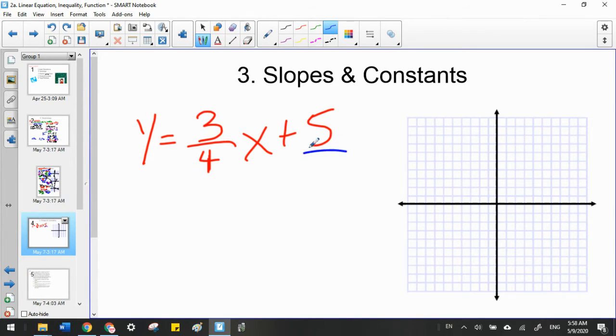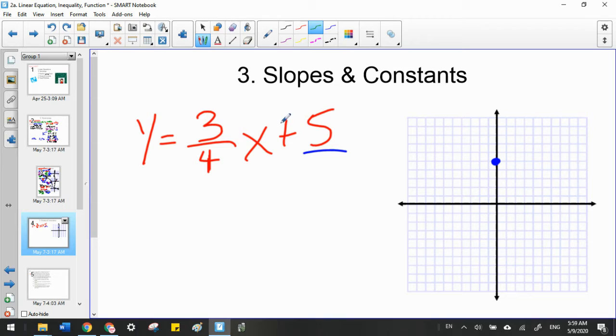Constant's easy. Constant is that number that never changes. When you work off an equation, it's relatively simple to figure out whatever this part is, add by the 5 in order to get to your y value. And anytime you have slope-intercept form, you take that 5 as the y-intercept, and it's easy peasy from there.